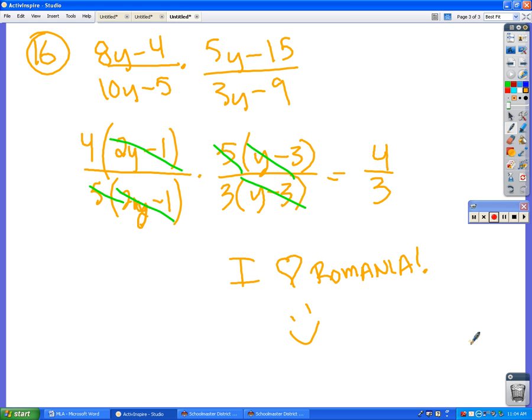What kind of restrictions do you want on the variables? Nothing? Good job. Y cannot equal 3 because of this y minus 3. And remember, inside the parentheses, you just have to switch it around. I am doing it at the beginning, the first one. This is the beginning because I haven't canceled anything yet.